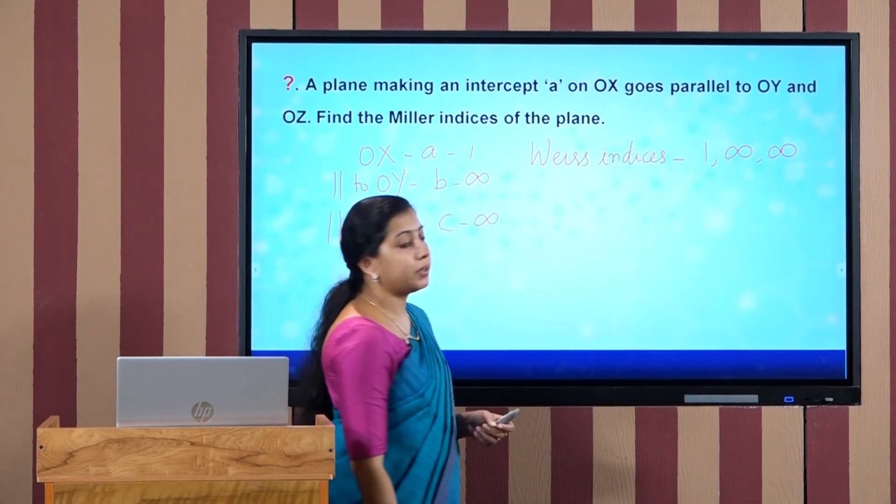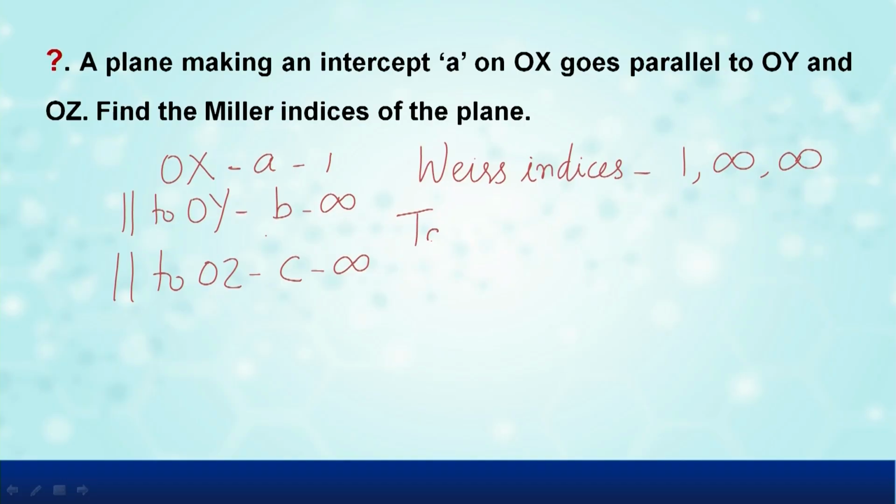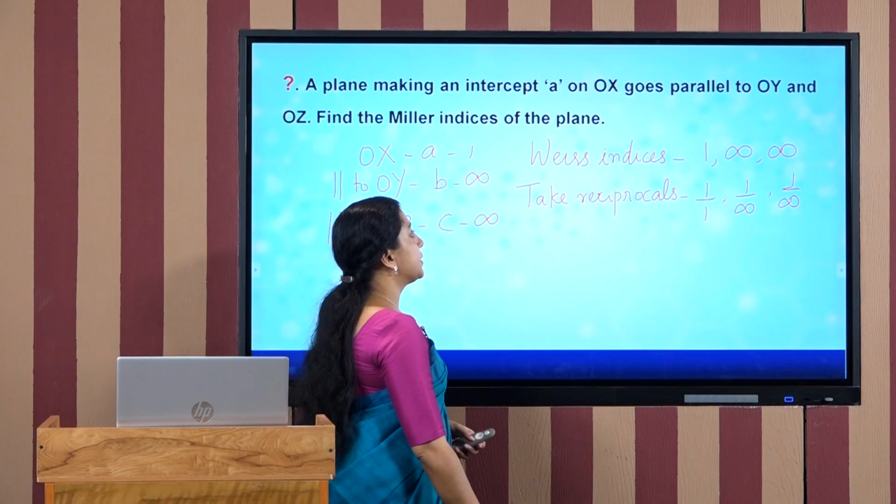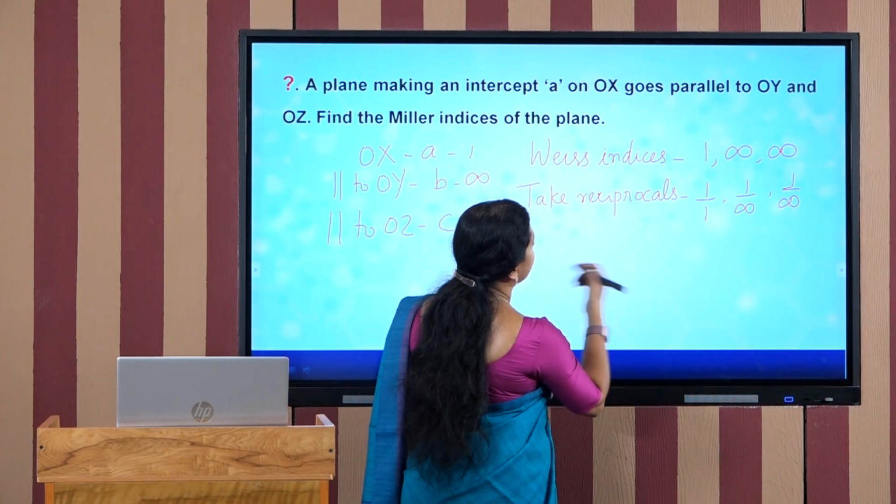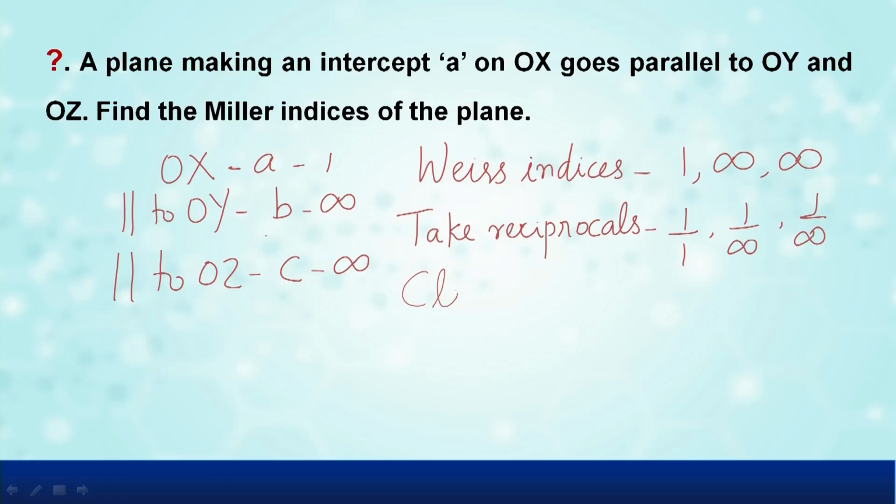Now, what is the second step? You have to take the reciprocals. So, if you take reciprocals, we have 1 by 1, 1 by infinity, 1 by infinity. The last step, you have to clear fractions. So, here we get 1.